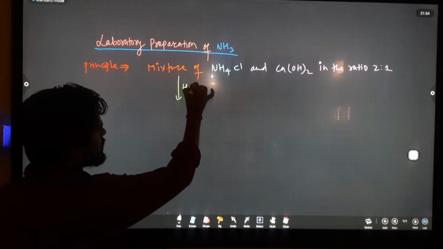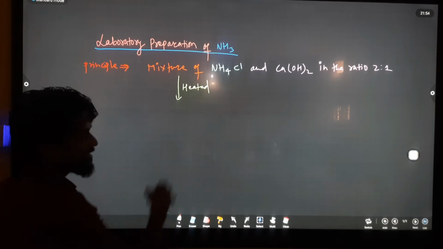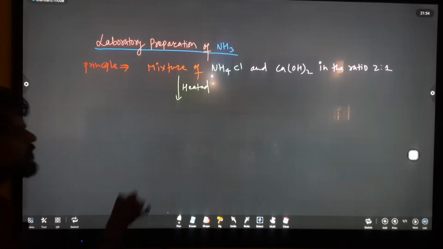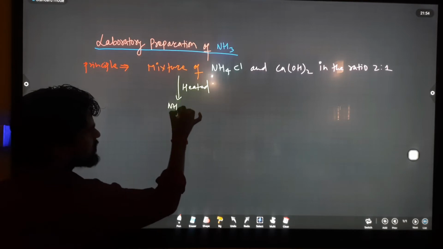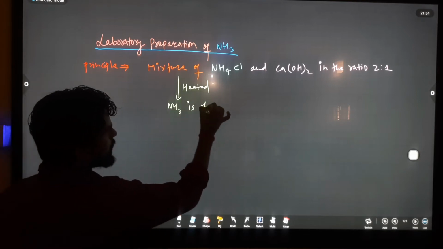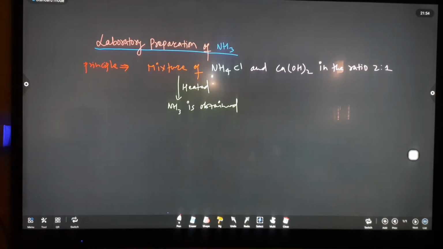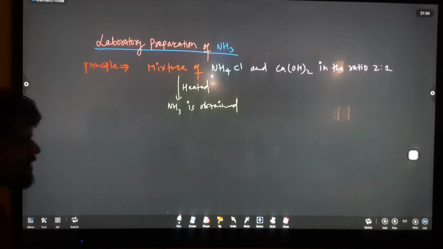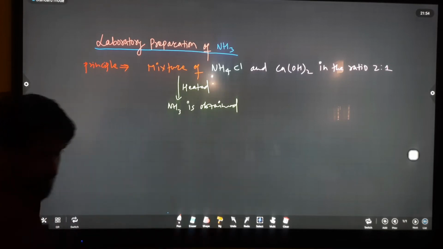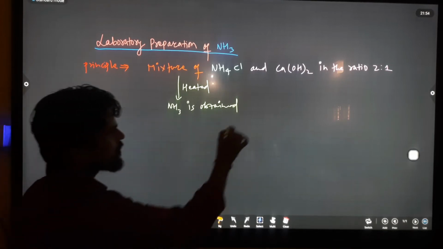When it is heated, then ammonia, NH3, is obtained. This you have to write under the principle: a mixture of ammonium chloride and calcium hydroxide in the ratio 2:1 is heated, then ammonia is obtained.